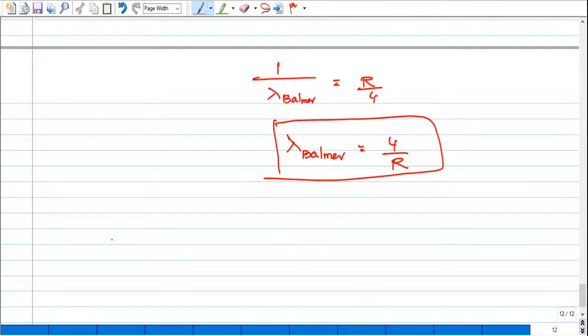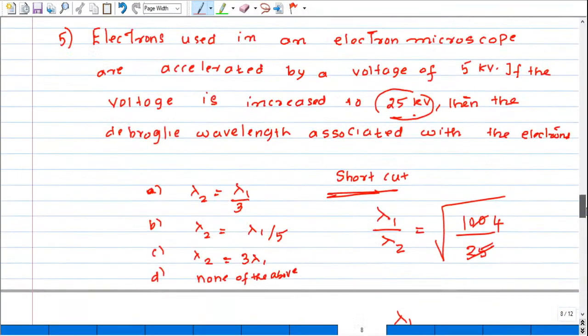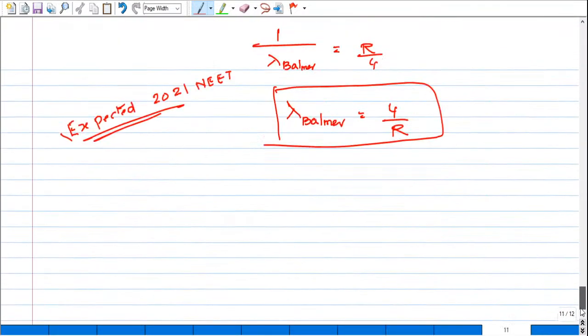Now let us go for an important question, expected 21. Expected 21 question, NEET, from nuclear physics. See here, let us go for question number 6.